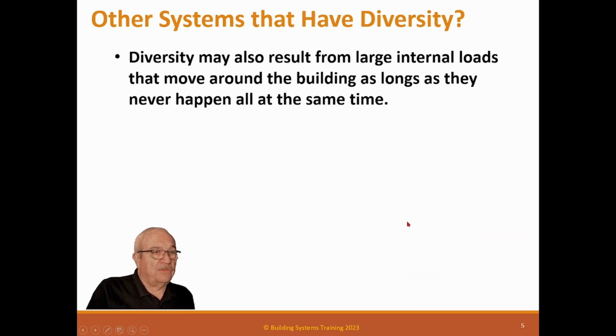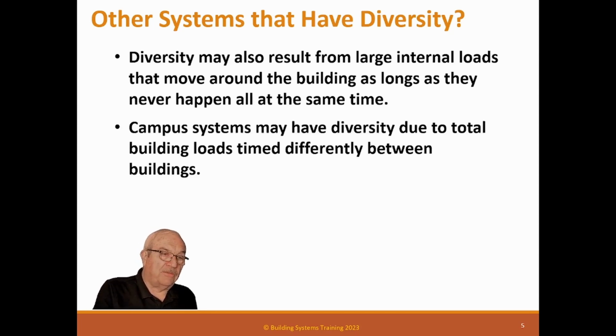Now there are some other ways that you can have diversity in a building besides the sun load. Diversity may also result from large internal loads that move around the building, as long as they never happen at the same time. Maybe you have a manufacturing plant where the whole crew moves from station to station or something. It's unusual, but it is possible.